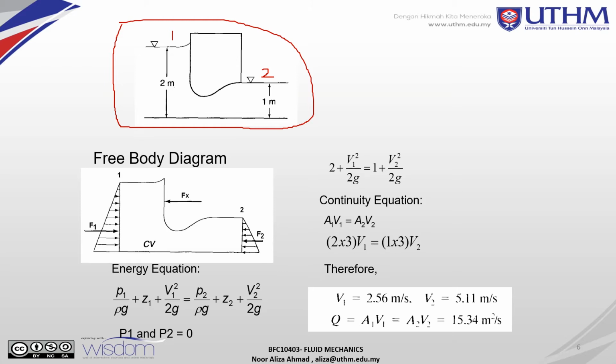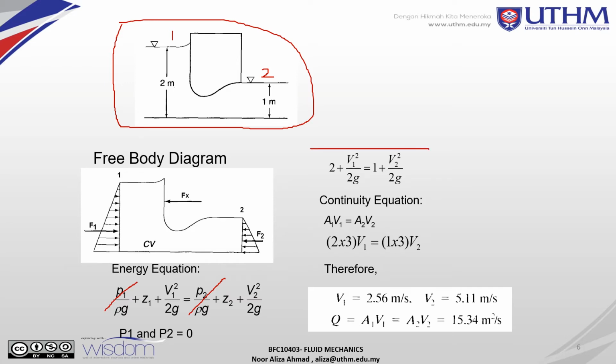The pressure at 1 and the pressure at 2 are 0 because this is open to the atmosphere. After we use the energy equation, this is 0, this is 0, so we only have Z1 is 2 meters. So V1 squared over 2g is equal to Z2, which is 1 meter.